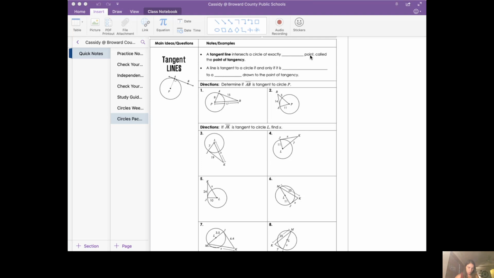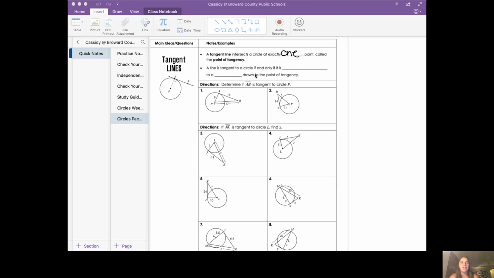So right there, I want you to write 1 point. And it's called the point of tangency. So if we're looking at the circle right here, the point of tangency is going to be A. Okay, it's a point, so it's only one letter. A point of tangency, A.